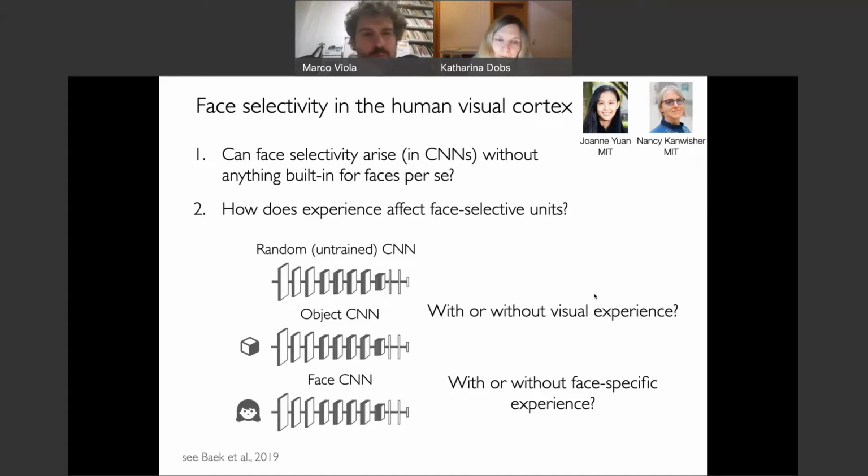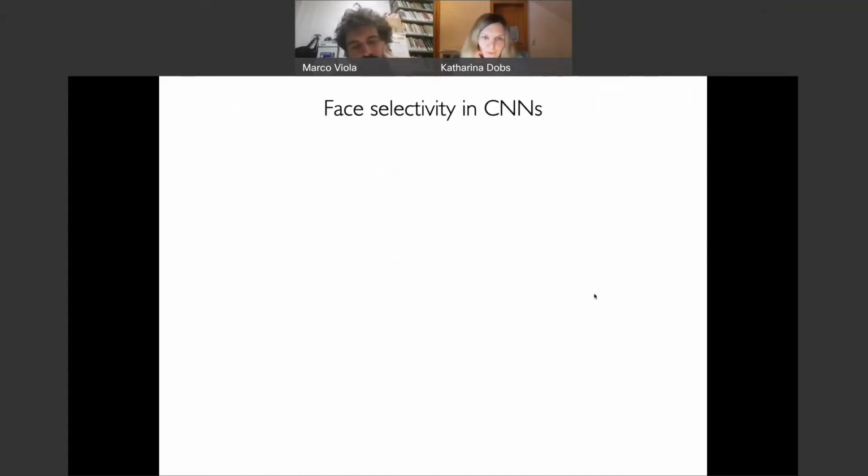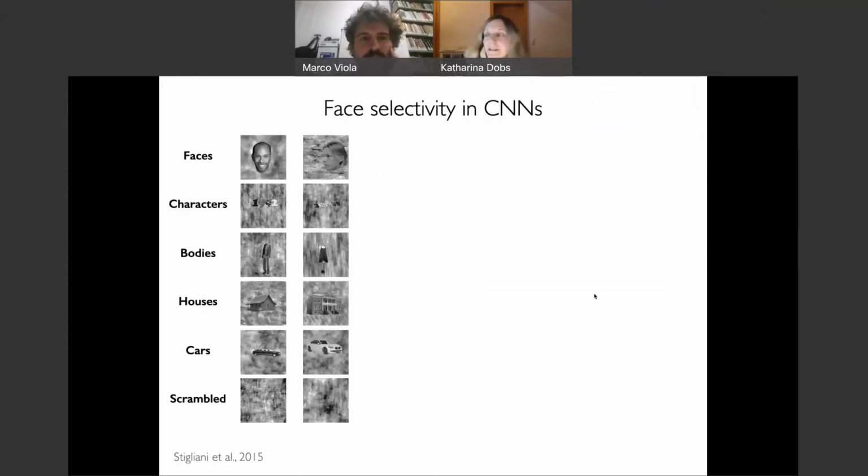We thought this was a particularly interesting case because it suggested there's a third alternative. It's neither nature nor nurture, but face selectivity can actually arise spontaneously from the random initial wiring in hierarchical neural networks, without anything else. So we wanted to look at this a bit further. We measured face selectivity in CNNs using a classic localizer data set that has been used in particular in fMRI many times.